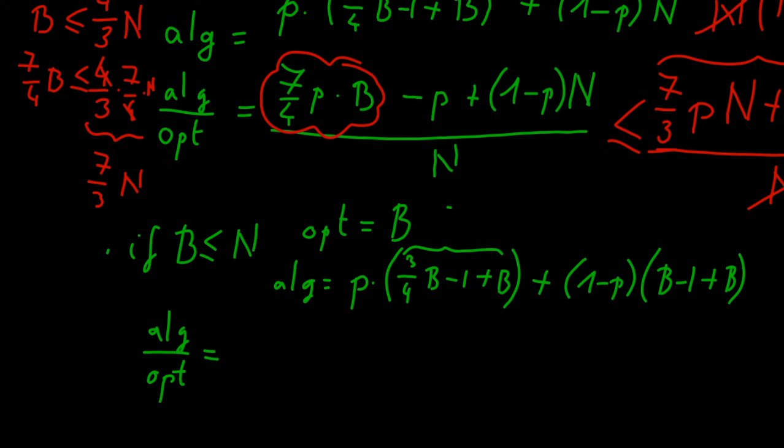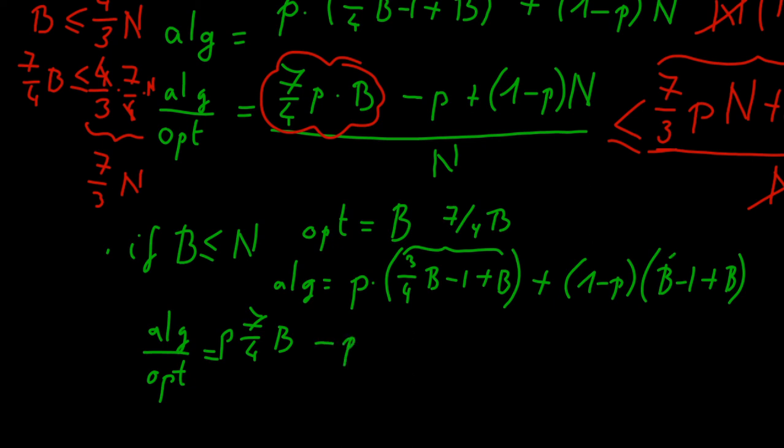So it's again 7/4 b's minus 1 times p. So it's 7/4 b's, I will collect the terms later, times p minus p.